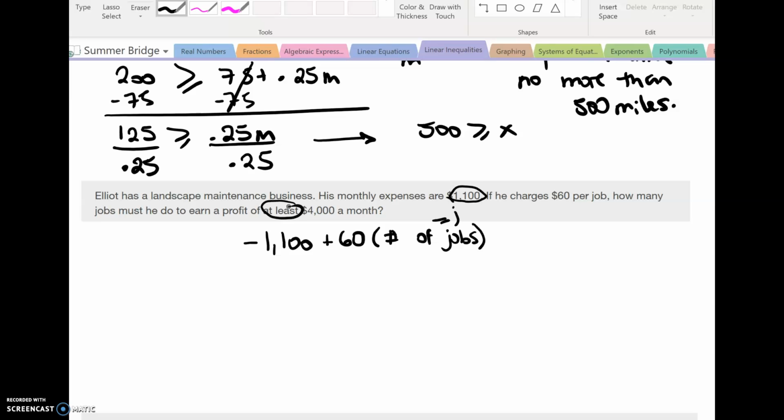So could he earn more than $4,000? He could earn more than $4,000. So when we are setting this up, we want $4,000 to be the smallest number, meaning to say he can make more than $4,000. So I'm just going to write this with my variable again, and let's go ahead and solve it.